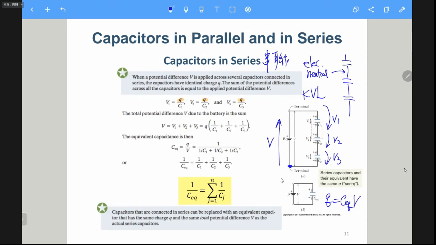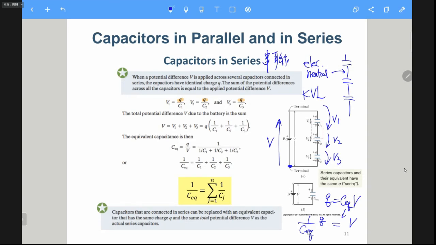So in that case, we can write it like V equals Q over CEQ. Comparing this one with this one, you can just put it here, 1 over CEQ, so you can see more clearly: Q times 1 over CEQ equals V. Comparing with this one, we have V equals Q times this term.